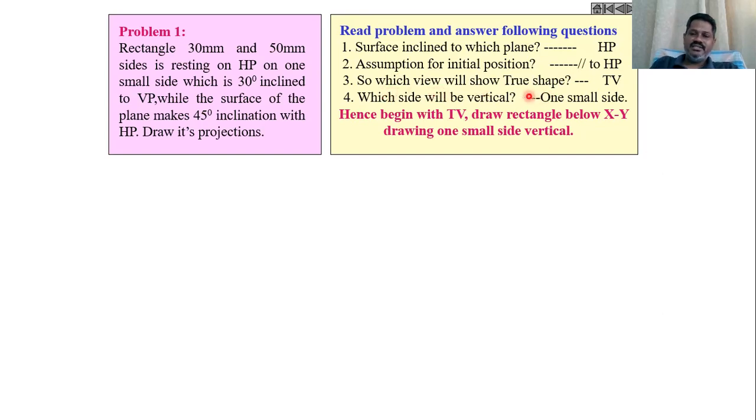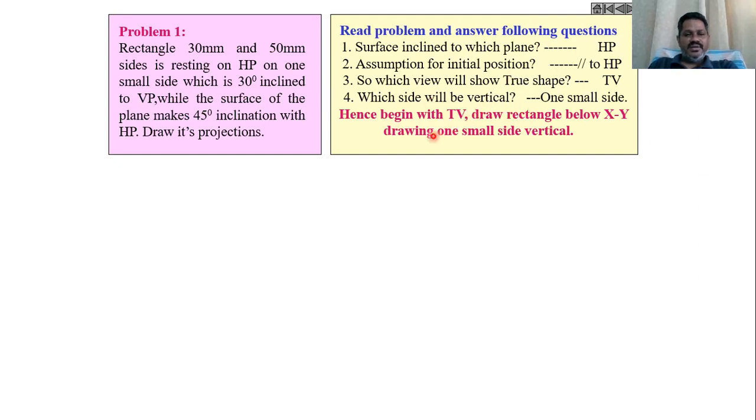In this case, the top view will be the true shape. In the previous slide, I told you, when the surface is parallel to HP, the top view will be the true shape. Then one of the small edges is making an angle of 30 degrees with the vertical. So this is the summary of the problem.